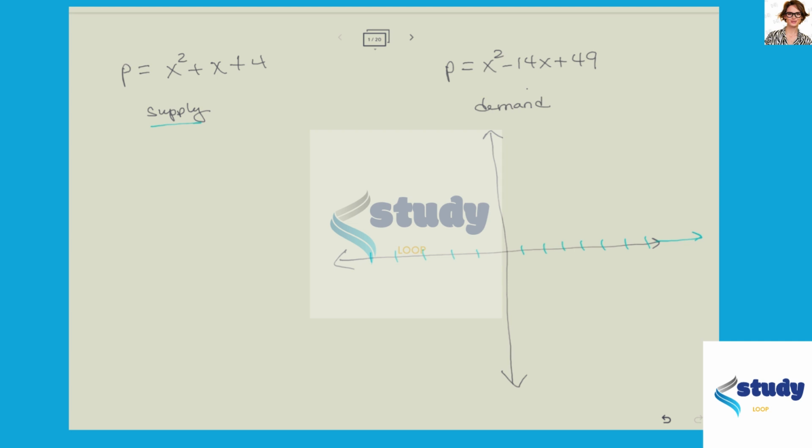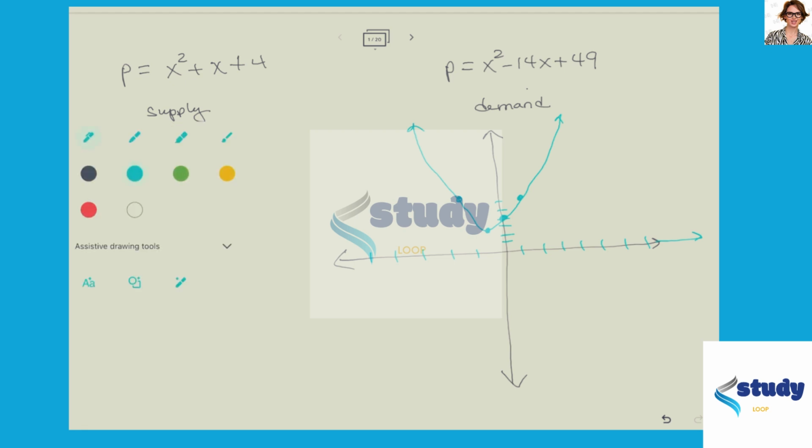All right, so I've got a y-intercept of 4, and then I've got a point at 1, 6, and one at -2, 6. So I have my vertex at like a -0.5. So this guy's going to kind of look like that.